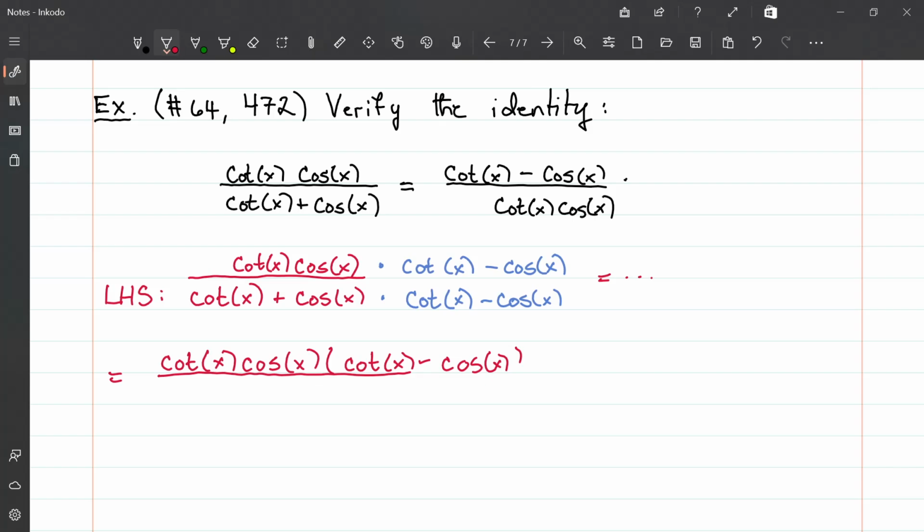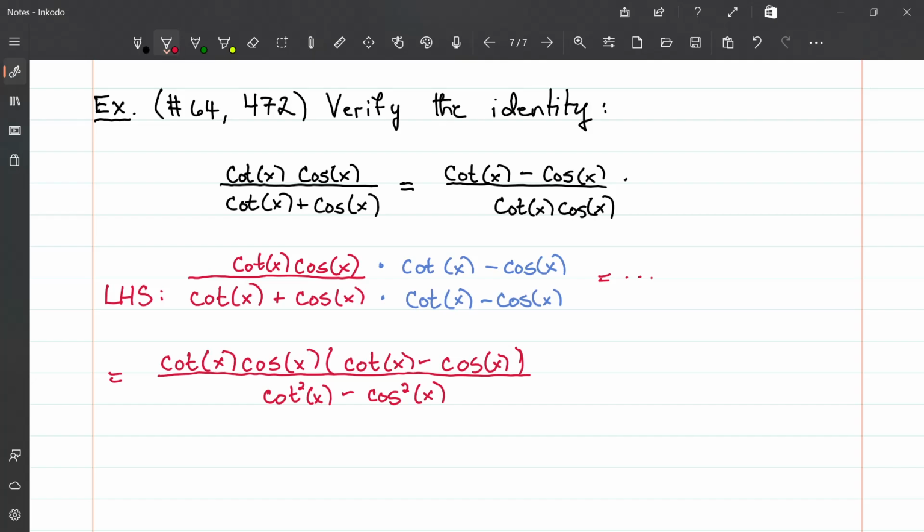And the denominator, woof, this is a long one. The denominator, first piece squared, cotangent squared, minus the second piece squared, cosine squared. Now, at first glance, apart from the fact that we've put cotangent minus cosine into the numerator, which is something we want, it doesn't look at once as if we've got a much easier thing to work with.